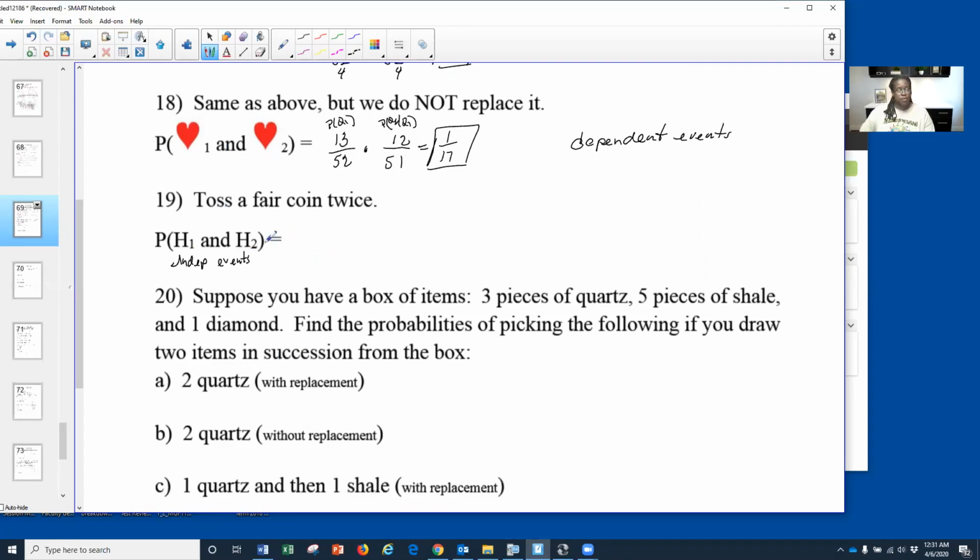So probability of us getting a head the first time would be 1/2, right? And then if we toss it again, probability of us getting a head again would be 1/2. So this would be 1/4.